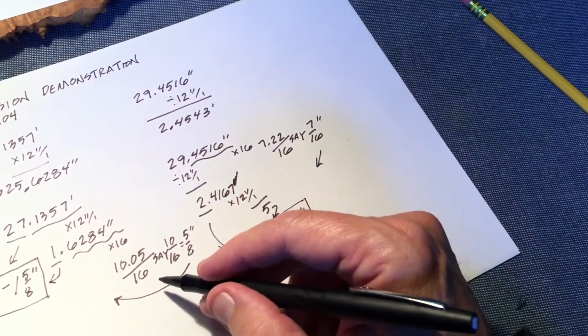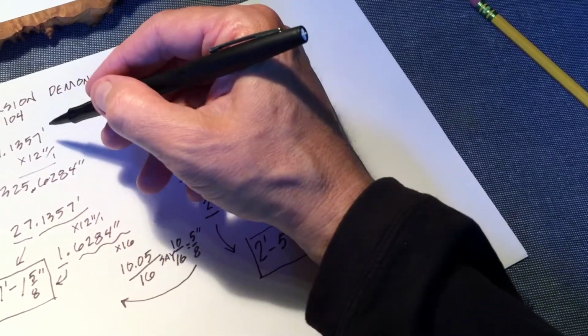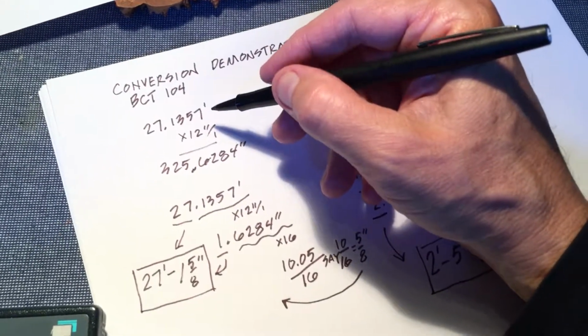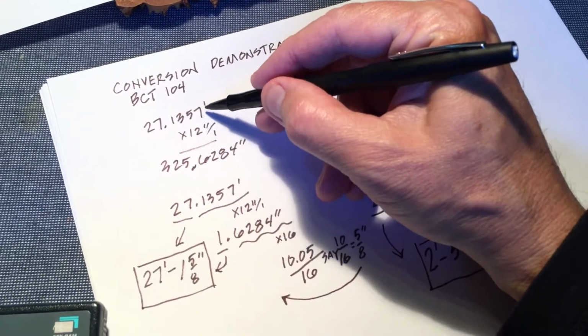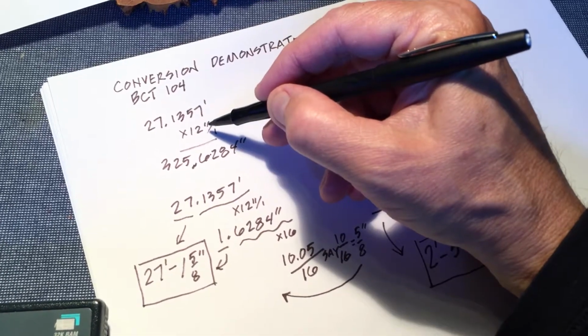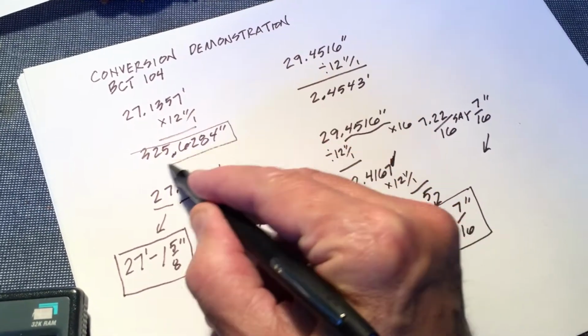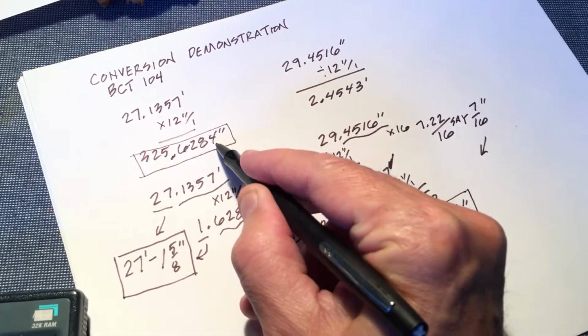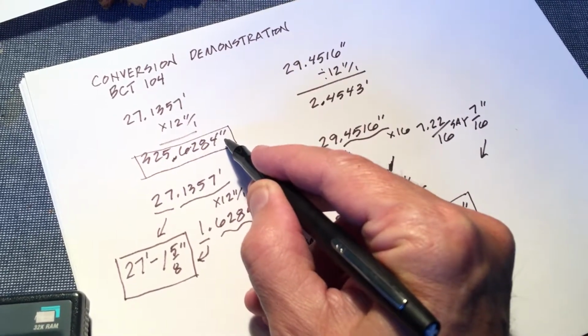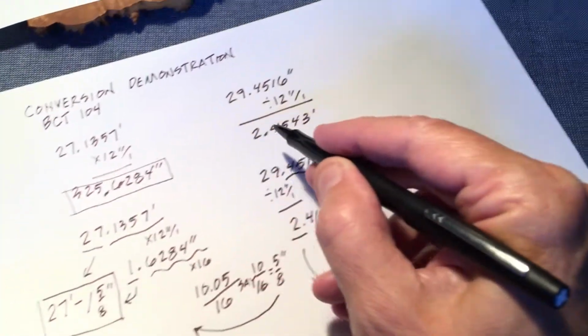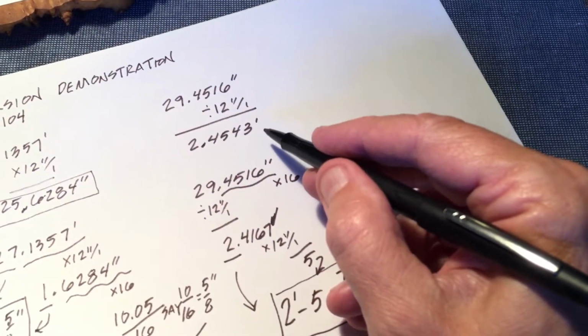So in each of these cases, I've converted. The first case, I had 27.1357 feet. I multiplied by 12 inches per foot, and I came up with 325.6284 inches. I converted to decimal inches. Over here, I converted to decimal feet.